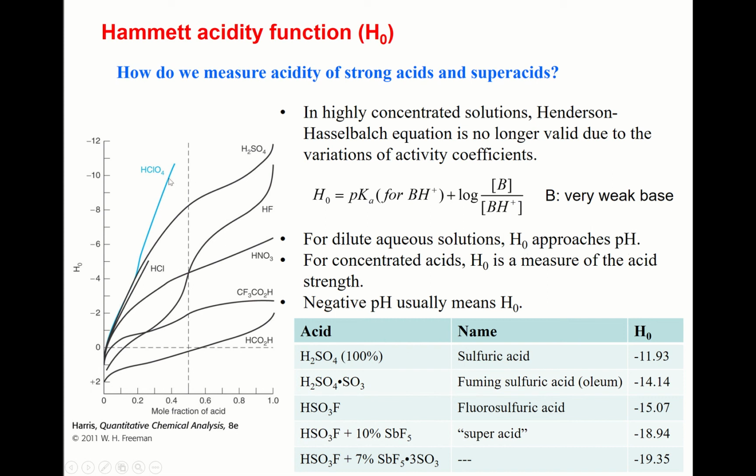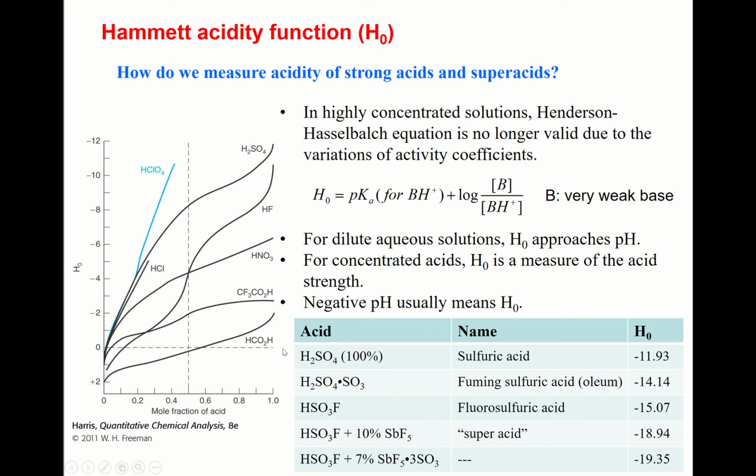Look at this figure. The x-axis is the mole fraction of acid, and the y-axis is the Hammett function H0. As the mole fraction of acid becomes smaller and smaller, approaching zero, that means a dilute solution, and this H0 value approaches pH.